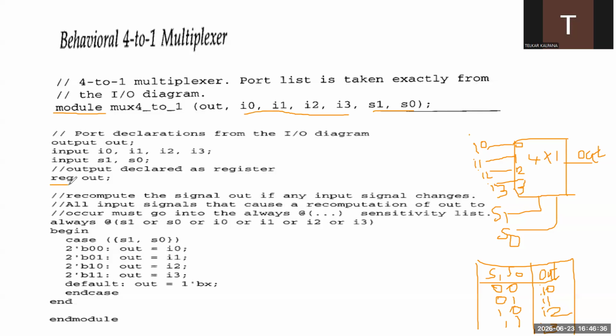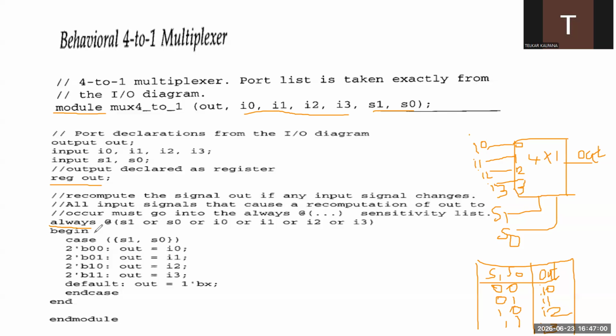The output is stored, and it is represented in the form of a register. In behavioral modeling, the output is represented as reg out. So we can use either the initial statement or the always statement. Whenever we use these two, it automatically says that the program is written in the behavioral model.